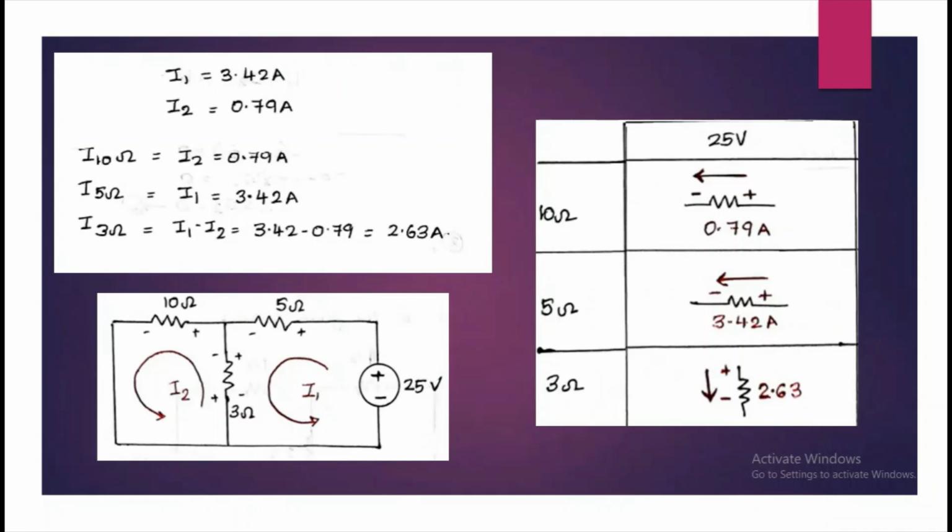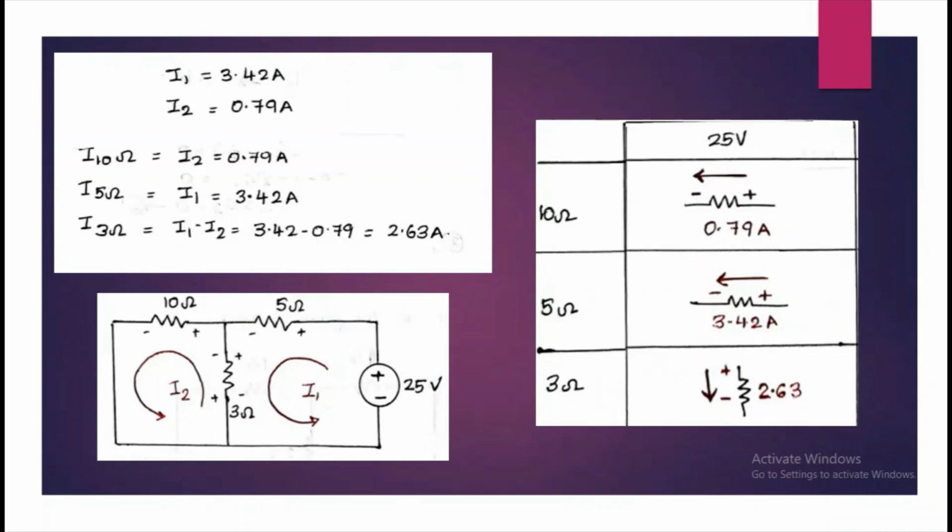So once we find I1 and I2, let's find the responses through each of the resistors. So through 10 ohm it is I2, and I2 is positive when we calculate it, so it is in the same direction that we assumed, so it is from right to left. So it is 0.79 ampere.